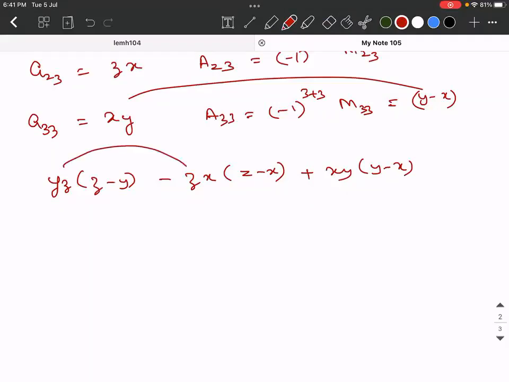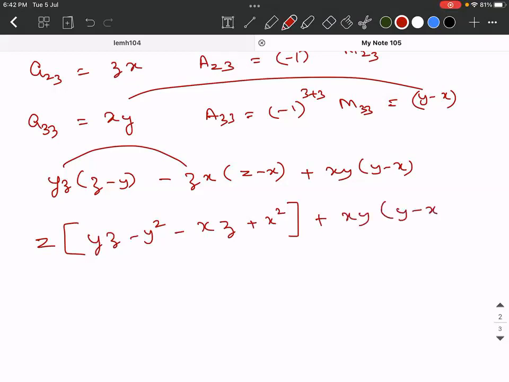So can I take out z common from both? If I do that, what am I going to get? z into yz minus y square minus xz minus x square plus x square plus xy into y minus x.